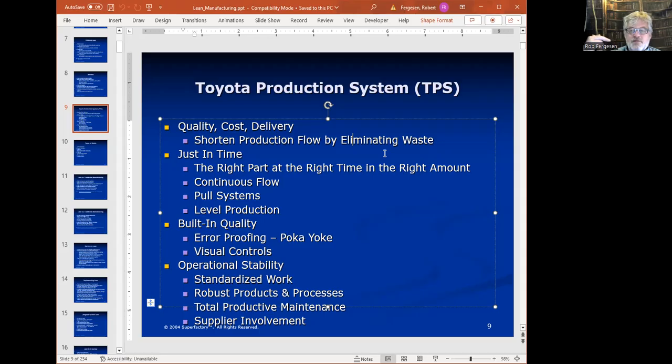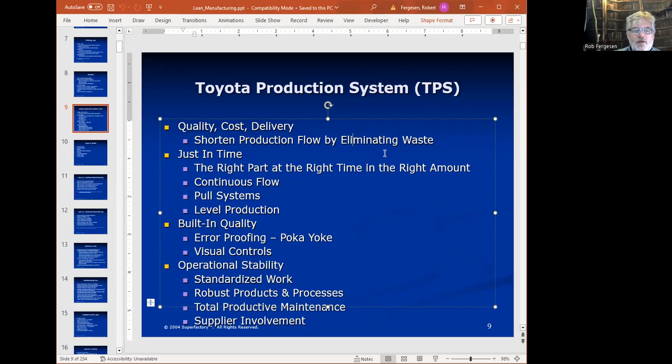And then in the 70s, they overtook most of the existing car manufacturing lines in terms of quality, whether they were German or American. The Toyota quality was superior, and they proved that they could do this very successfully. And so this is the Toyota Production System. You can read it on your own.